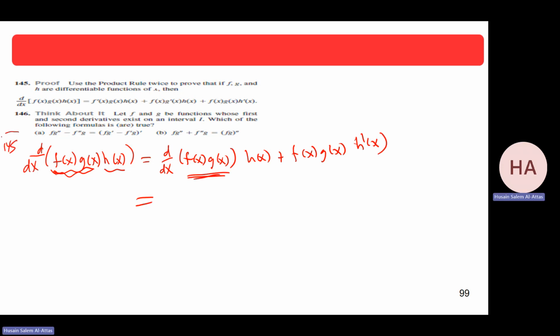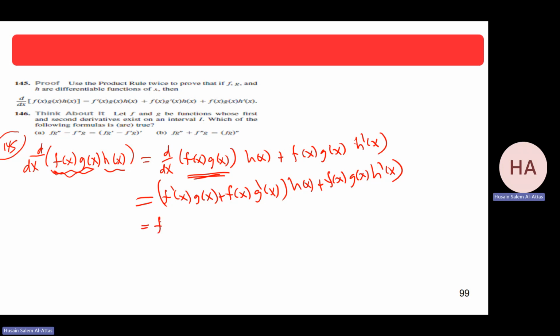This is 145. So that will be the derivative of the first times the second, plus the first times the derivative of the second, all of this times h of x, plus f of x, g of x, h prime of x. Now do the calculation. That will be f prime g h plus f g prime h plus f g h prime. Notice the derivative goes from f to g to h.